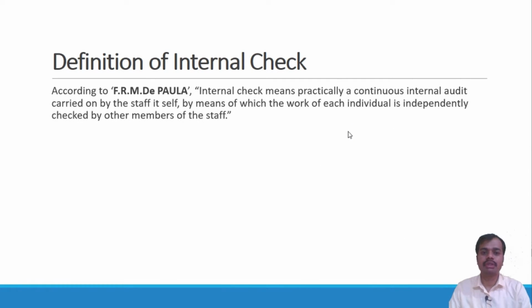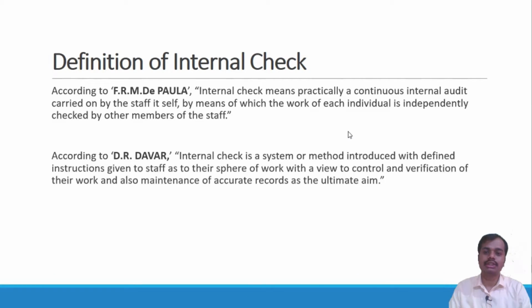According to F.R.M. de Paula, internal check means practically a continuous internal audit carried on by the staff itself, by means of which the work of each individual is independently checked by the other members of the staff. The second definition is given by Dr. Dawar.